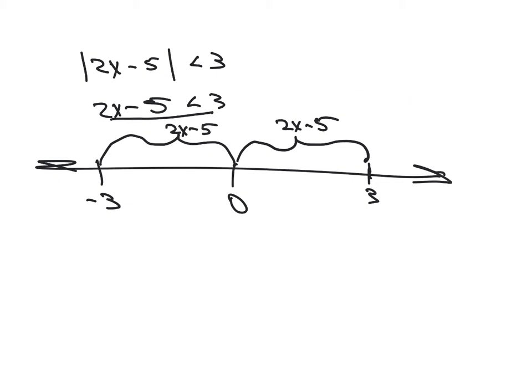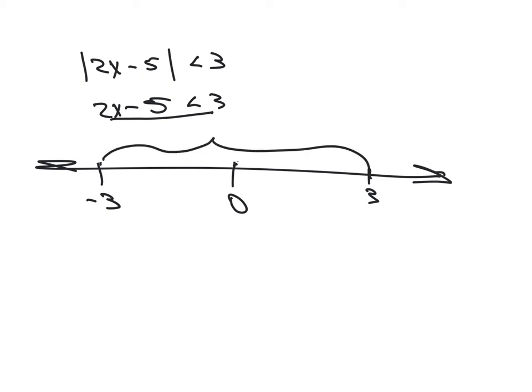So we could write this as 2x minus 5 is somewhere in that range there. If we were to write this with our inequalities like we did earlier, I could do that, 2x minus 5, and I can do that.